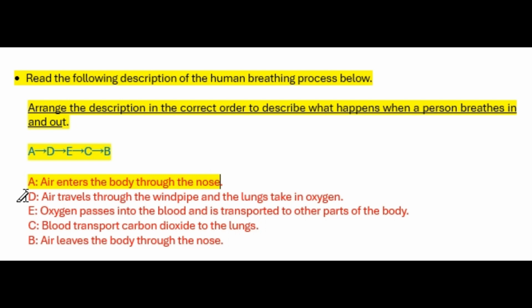D. Air travels through the windpipe and the lungs take in oxygen. Oxygen passes into the blood and is transported to other parts of the body. C. Blood transports carbon dioxide to the lungs. B. Air leaves the body through the nose.